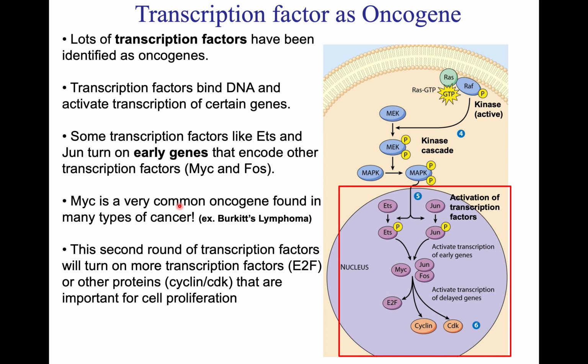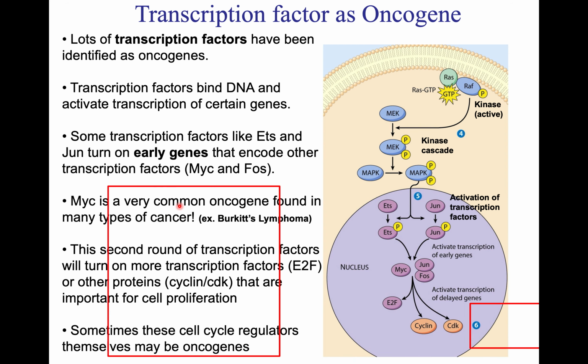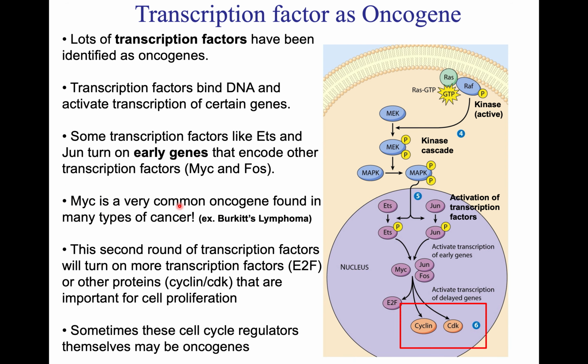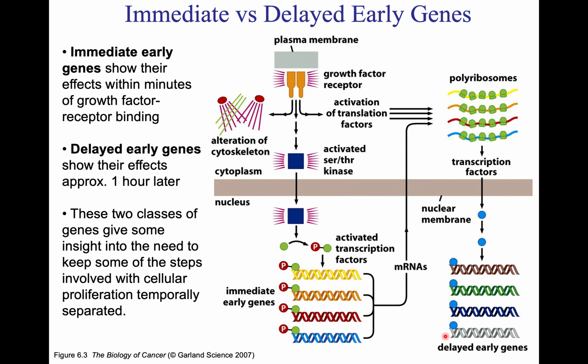This is really common to have at least two rounds of transcription factors being activated. So, as I already said, in this case we're aiming towards production of cyclin and CDK proteins through the activity of these transcription factors.